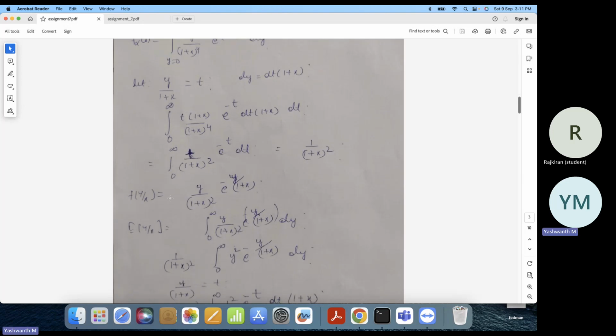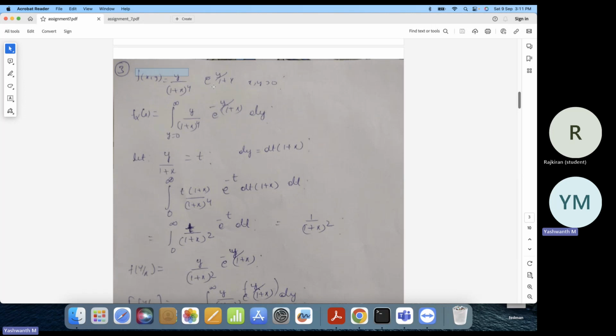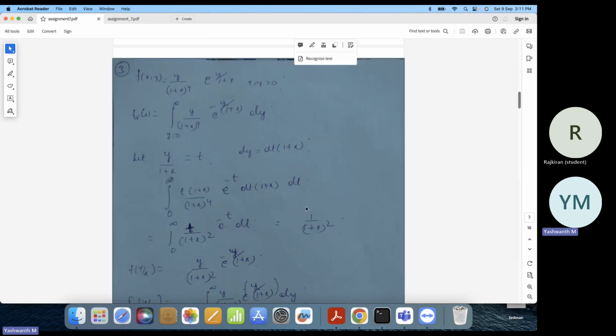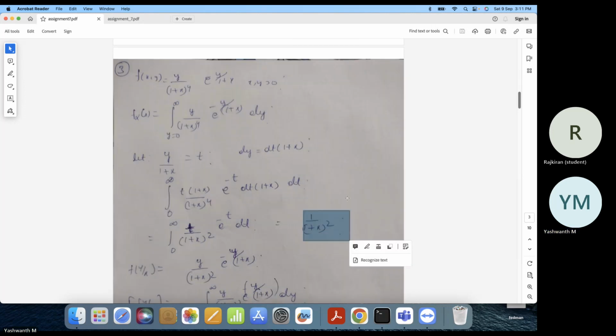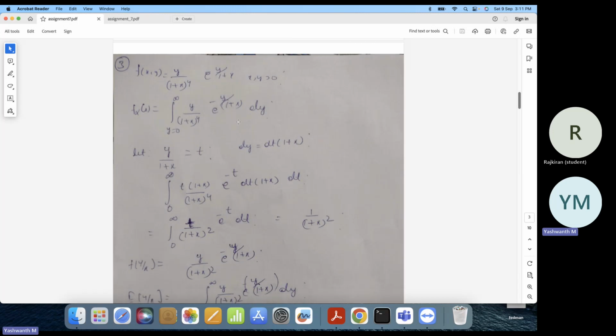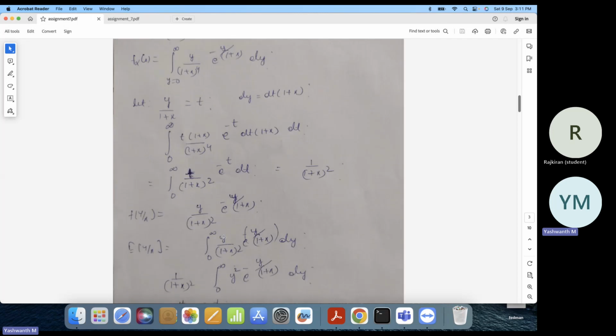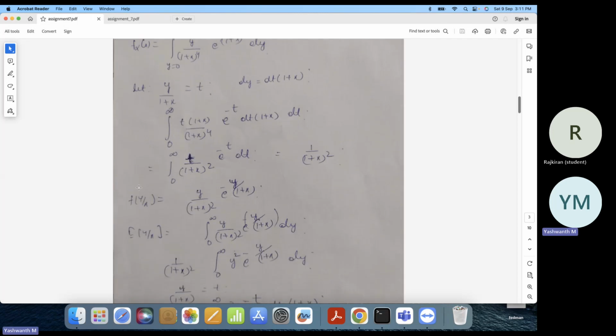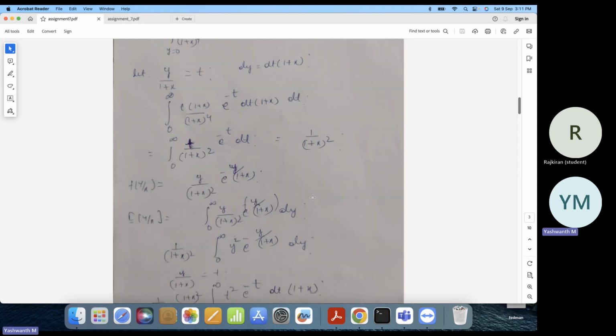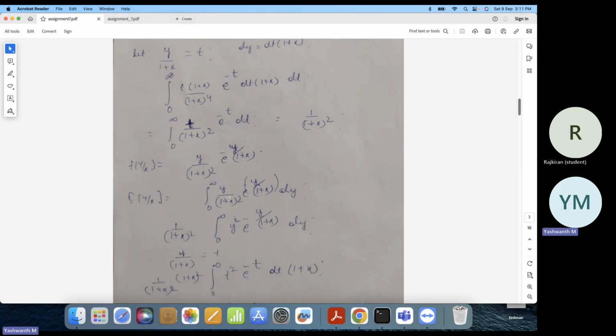Okay, so how do you get f of y given x? It is this quantity divided by this quantity. 1 by (1 plus x) square goes, and you remain with (1 plus x) whole square. On this conditional density, you want to have the expectation of y, right?